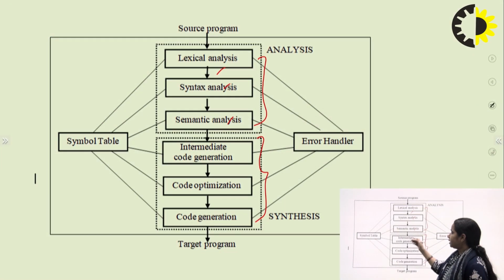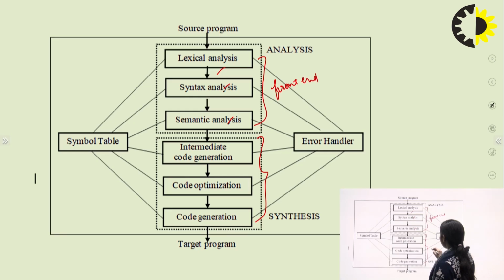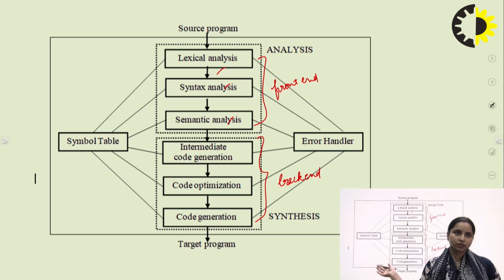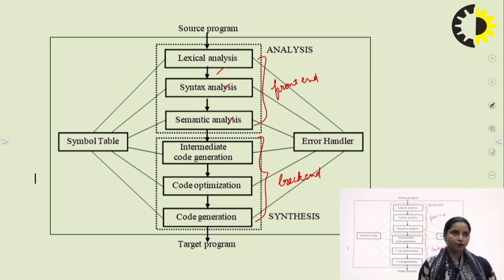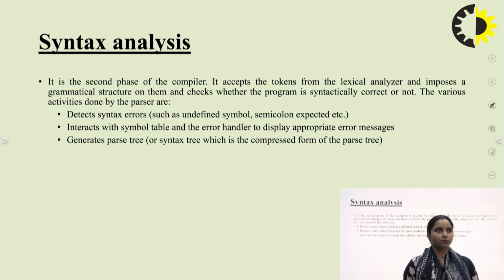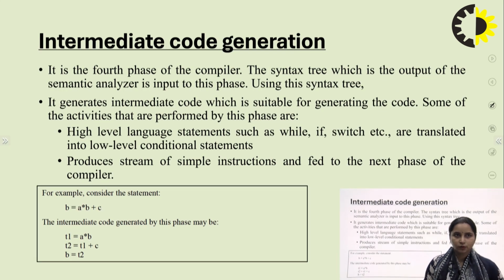We say that this analysis phase is the front end of the compiler, and these are the back end of the compiler, right? All these phases are connected with the symbol table as well as the error handler, as we are aware. So, let's jump to the intermediate code generation part.